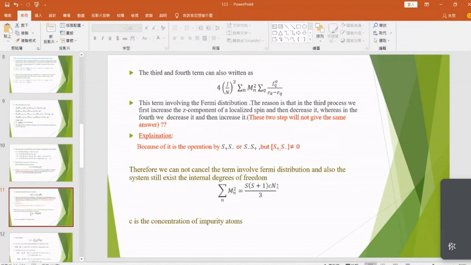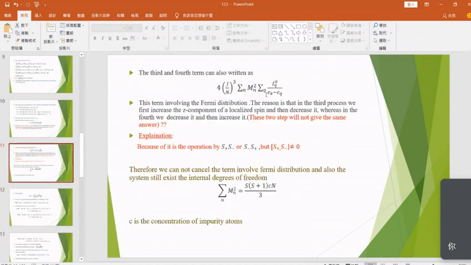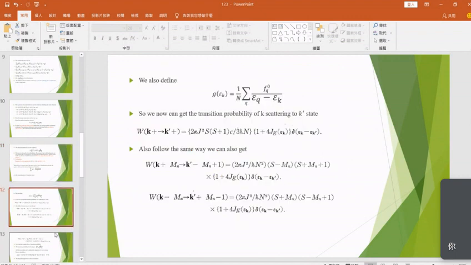It can be represented by this, and this C is the concentration of impurity atoms. And then we also define this function, which we can find in this term. We need to calculate it.